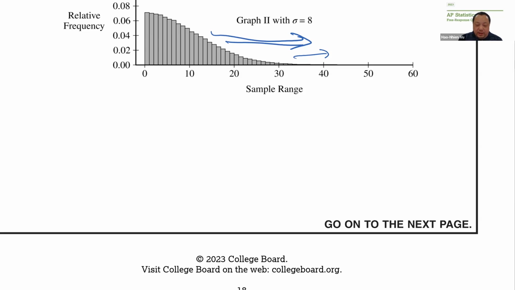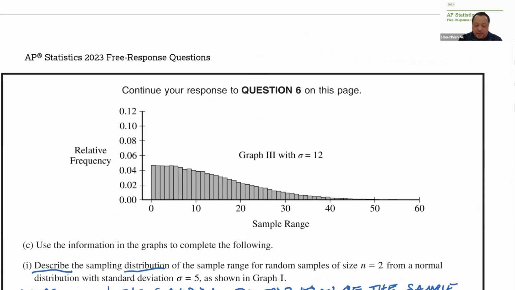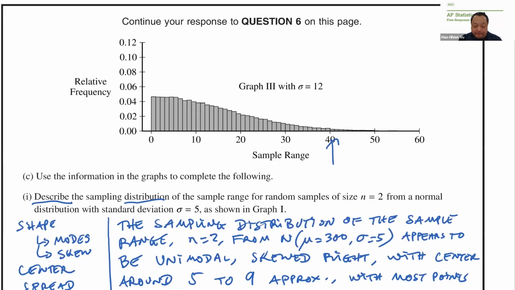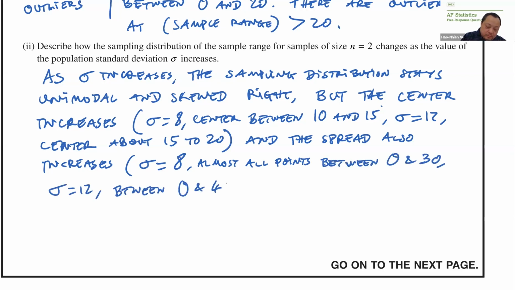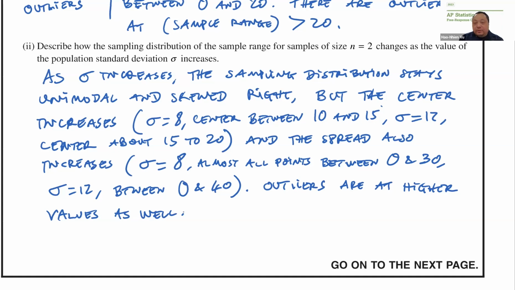At sigma equals 8, almost all points are between 0 and 30. And at sigma equals 12, almost all points are between 0 and 40. Outliers are at higher values as well.